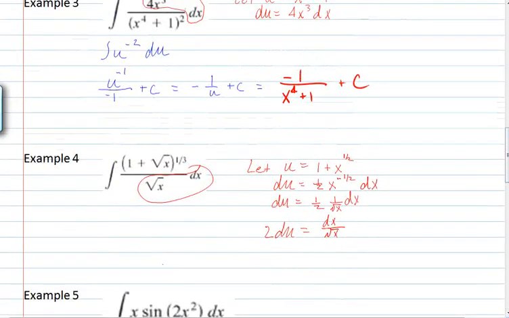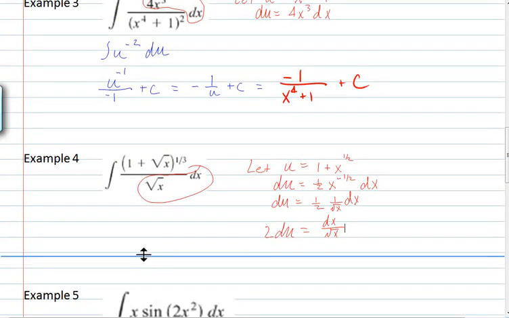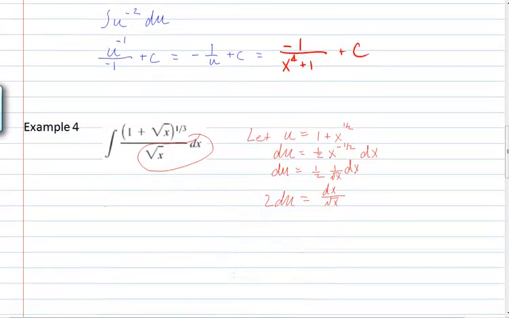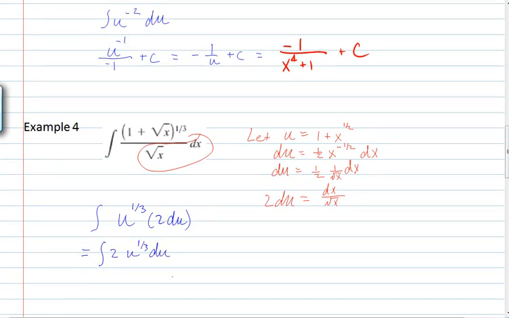So when I rewrite this integrand, what I'm going to have is the integral of u to the 1/3, but in place of the dx over the square root of x, I'm going to plug in 2 du. This is just 2u to the 1/3 du, right?